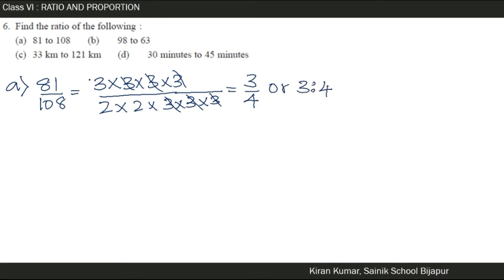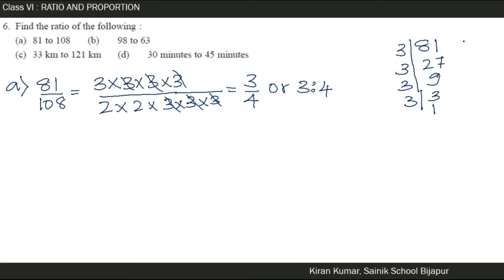How did I come to the conclusion that 81 is 3 multiplied 4 times? We have to follow prime factorization. 3 27 times, 3 9 times, 3 3 times, and 3 1 time. So 3 is multiplied 4 times, we get 81.